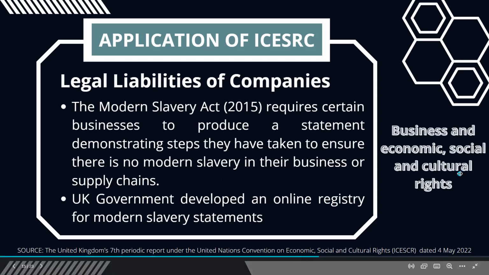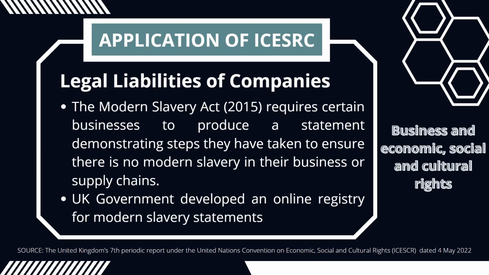The next one is the application of the ICESCR, particularly on legal liabilities of companies. The Modern Slavery Act of 2015 requires certain businesses to produce a statement demonstrating steps they have taken to ensure there is no modern slavery in their businesses or supply chains. And all government departments published their first individual annual modern slavery statements in 2021.